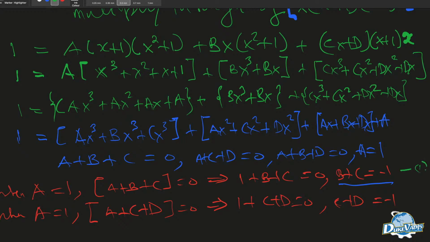This one is equation 1, and this is equation 2. All right, let's do the third one. When a is equal to 1, we have a plus b plus d also equal to 0. This implies that 1 plus b plus d is equal to 0, so b plus d is equal to -1. So we call that one equation 3.